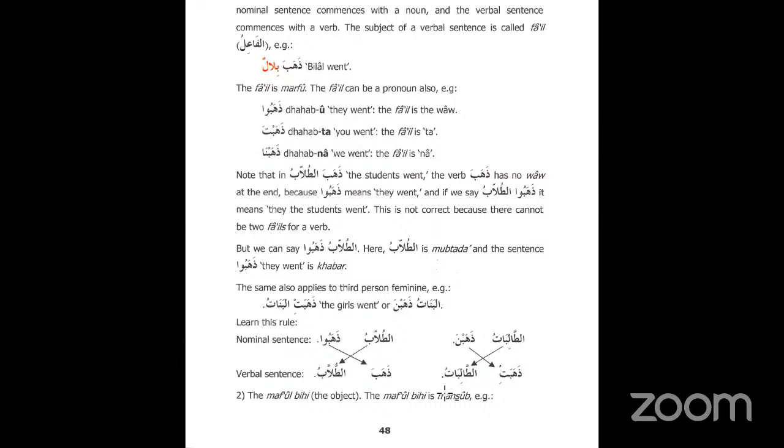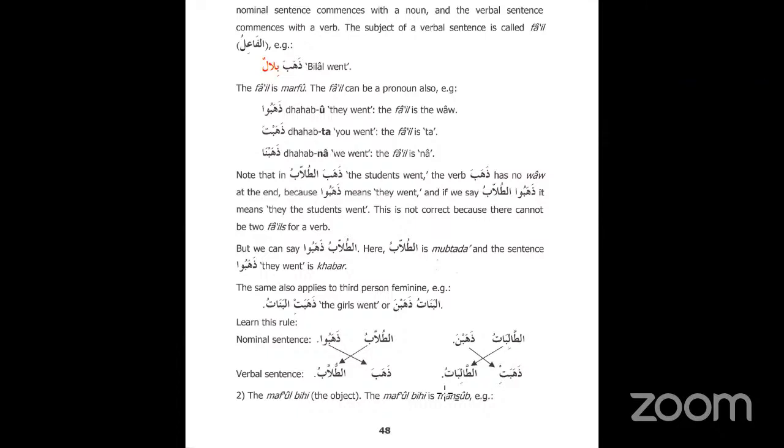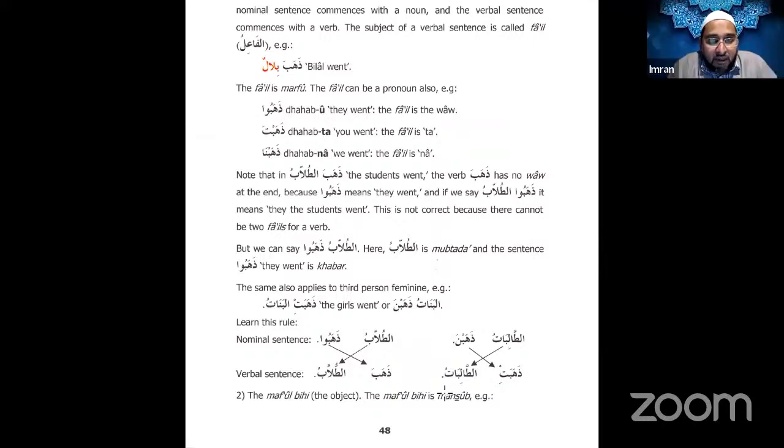So if I say al-kitabu al-jamilu al-maktabi, the beautiful book is on the desk, on the table. Correct. So al-maktabi is the khabar and al-jamilu is coming as an adjective for al-kitab.